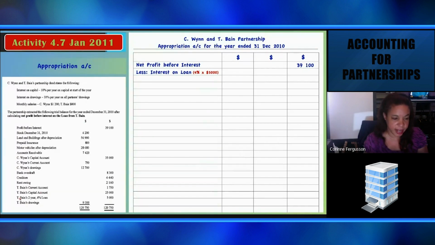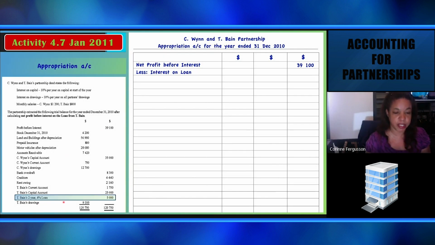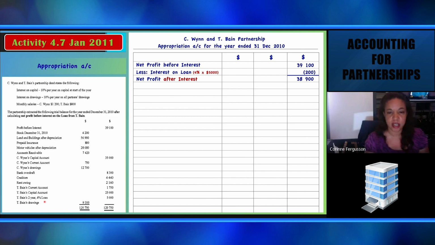You saw here that they had no other interest but the loan from Bain. So you looked, interest, 4% loan. The amount that he lent the partnership was 5,000. So the interest, 4% of 5,000, and then you will have 200 as your answer, which you will minus. When you minus that, 38,900 represents the net profit after interest.